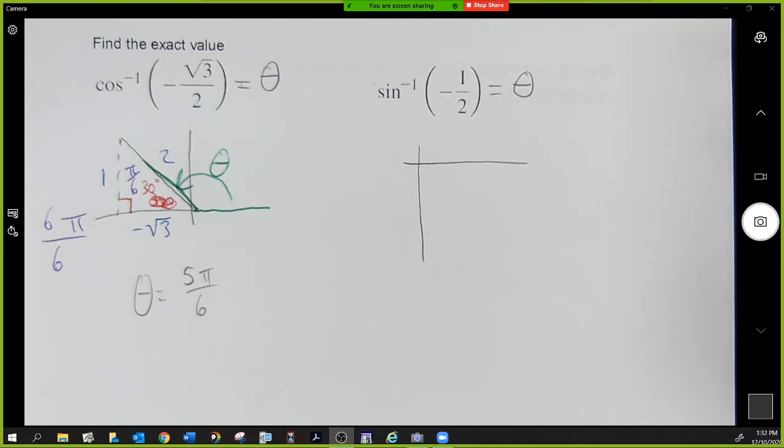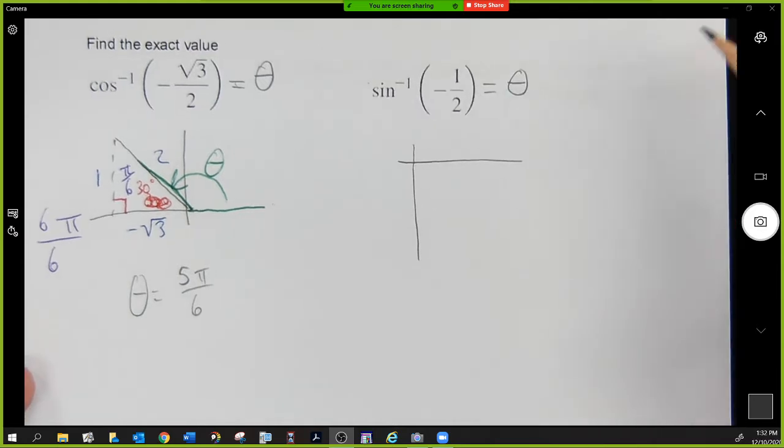Well, for sine, yes. And for tangent inverse as well. And if the argument is positive, for all three of them, you're in quadrant 1, which just makes life easy when it's positive on the inside.